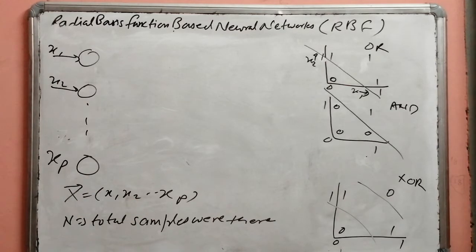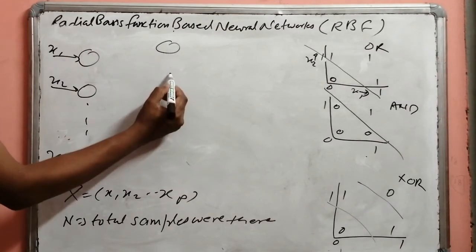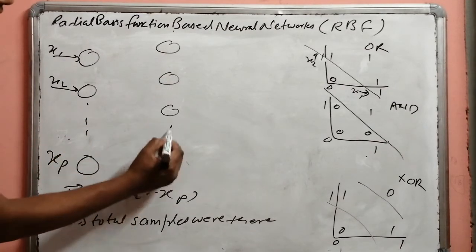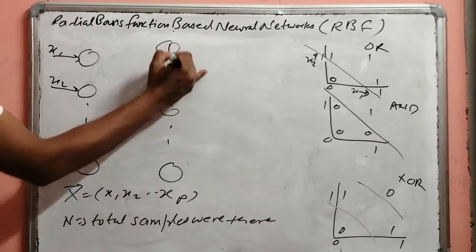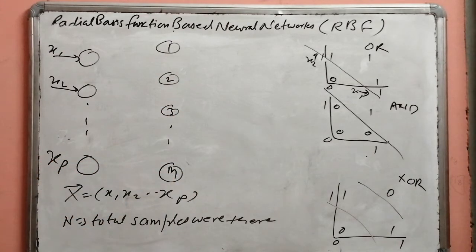And now what we have to do is non-linearly map these p features to an m-numbered feature space. So we have to consider m number of neurons in our hidden layer: 1, 2, 3, and the mth neuron.